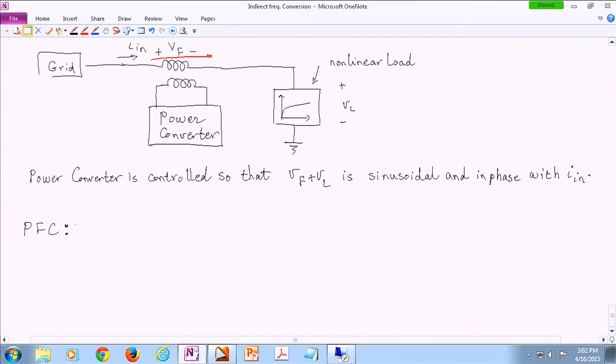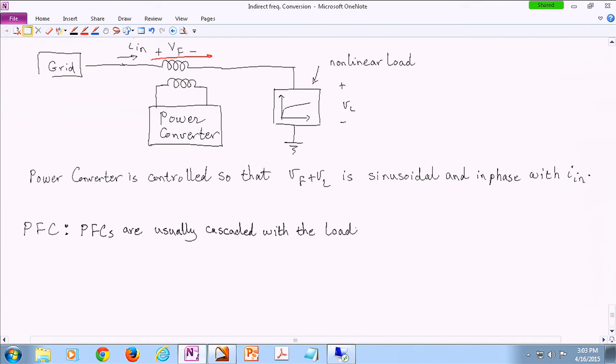Now, these devices, power factor correctors, are usually cascaded with the load. That means if your load is, for instance, consuming 100 watts or 200 watts, that entire power is passing through your power factor corrector.